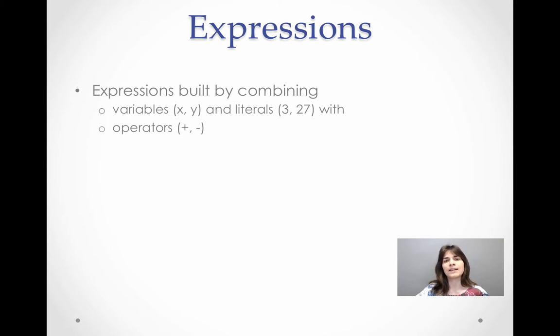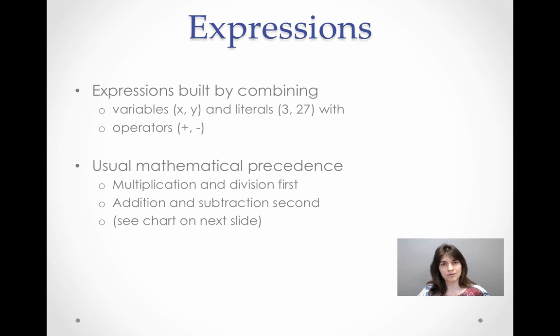For example, we may have x being added to the literal 5, and then the result being divided by 2.3, and all that expression being assigned to a different variable, say y. In order for us to be able to evaluate that expression, in order to know how to perform the operations and how to find the final result, we need to know what is the order in which we should apply the operations.